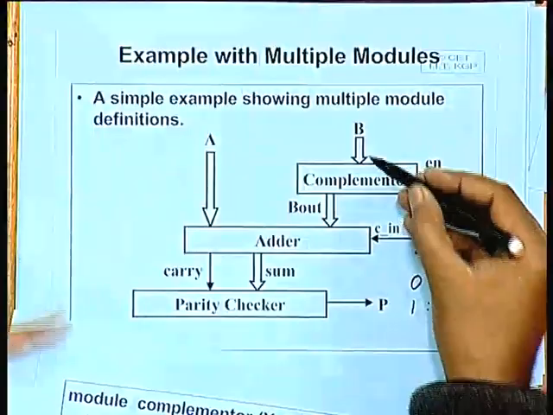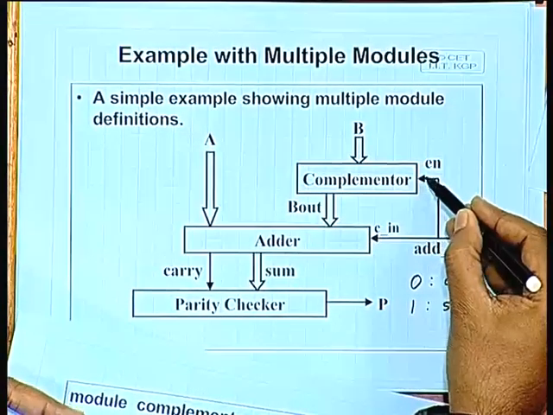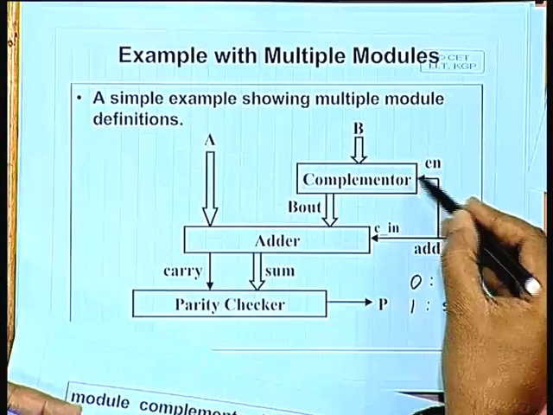Now, let us try to see the different blocks out here. We start with the complementer. You see, the complementer takes input and output as vectors and takes one control signal, whether to complement or not complement.